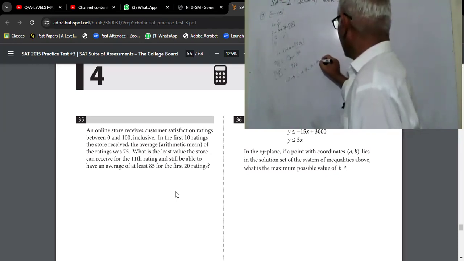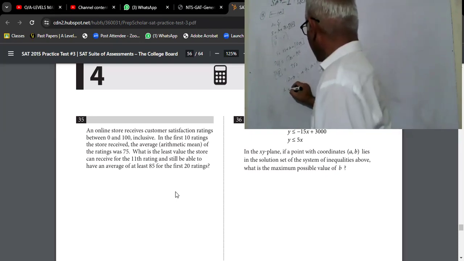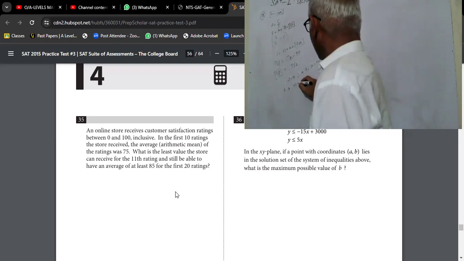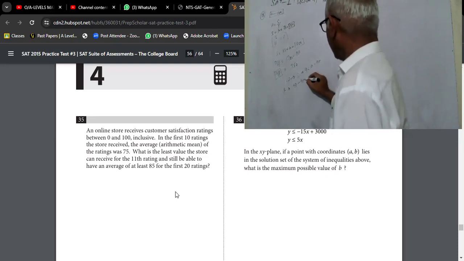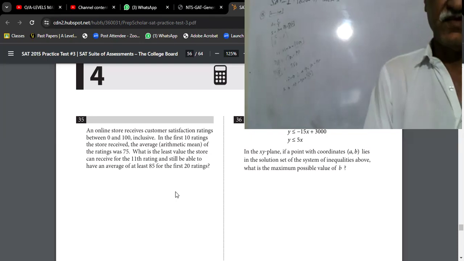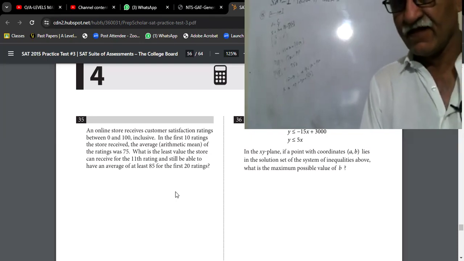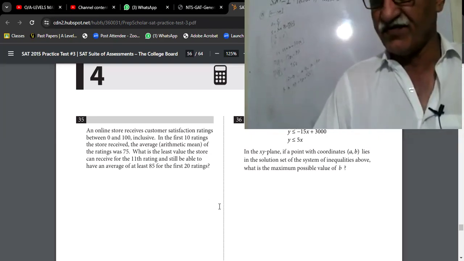So it should be equal to 900. So for the 11th observation, 950 is the total from this minus 900, and that is equal to 50. So 50 is the observation for the 11th rating there, which is going to be calculated for this question number 35.